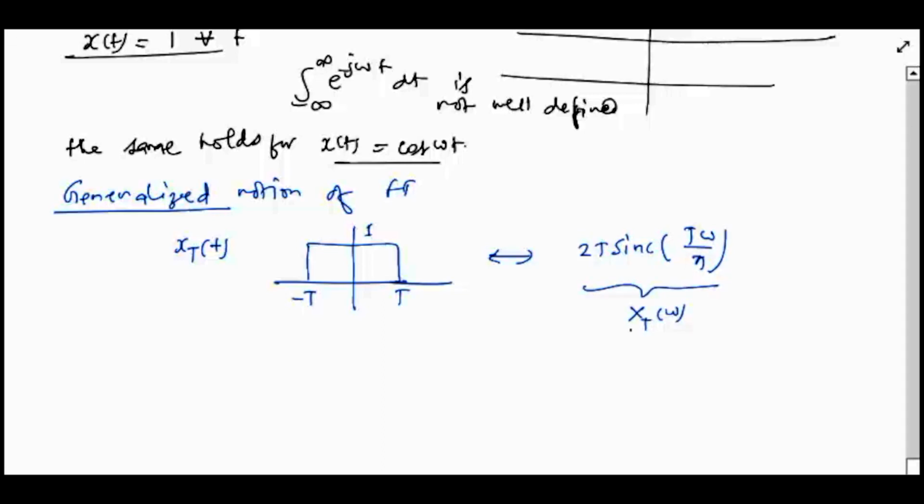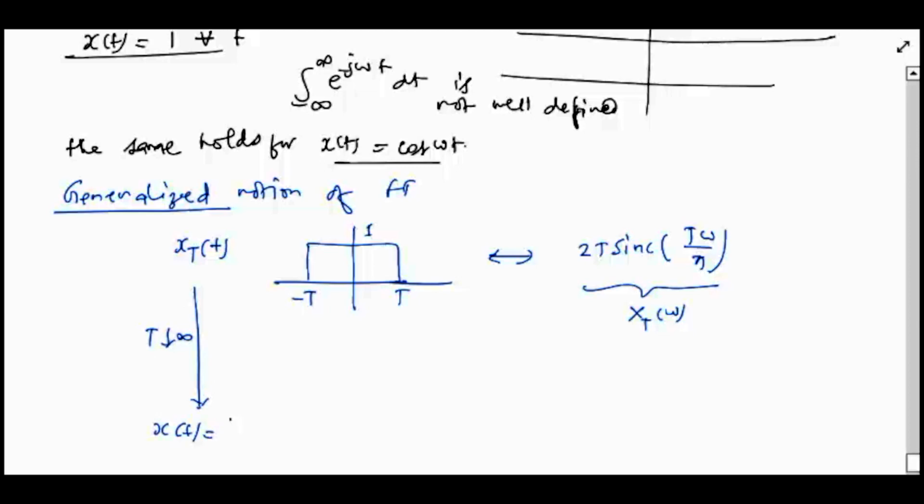I am writing the subscript capital T just to show the dependence on T. Now as T goes to infinity, this x_T(t) converges to the constant function. Why?